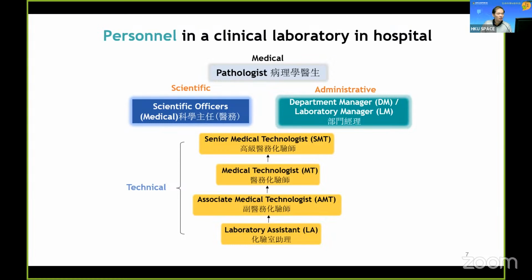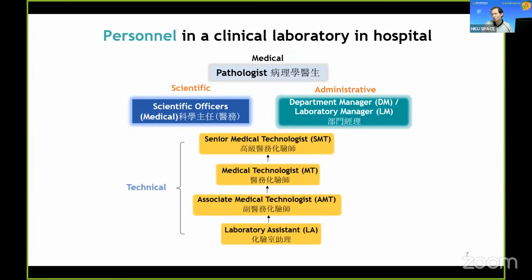Here is a brief diagram showing the different personnel or groups working in a typical clinical lab. Normally there are 4 groups: the medical group, the doctors and pathologists, and the scientific group. Those are scientific officers who do clinical research and try to translate the research results into the analysis or technology used in the lab.